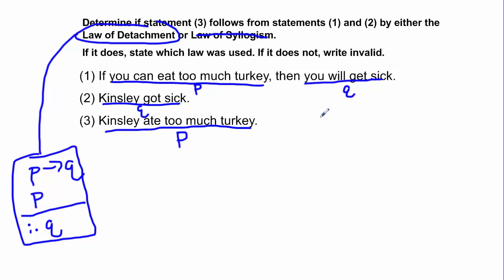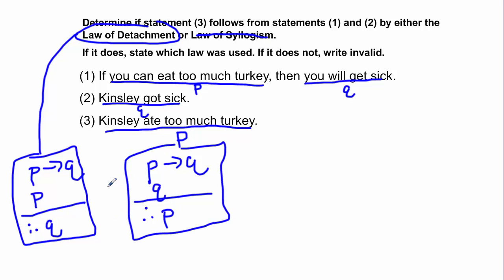Well, if I write this in notational form, I can see my original conditional is P implies Q. Here I have Kinsey got sick, which goes with Q, and the conclusion is P. So if I look at this setup, these two things do not match, right? So we are told the conclusion is true, and the overall conclusion from the given information is that the hypothesis must be true because the conclusion is true. Well, this will not work, so this would be invalid.